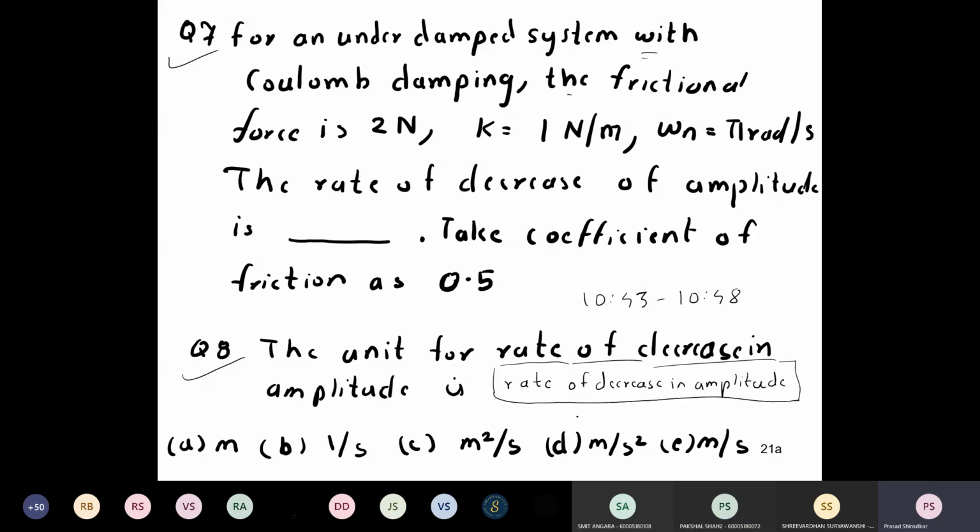In question number 7, do we have to write the answer with the sign?